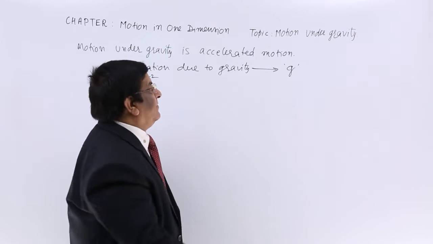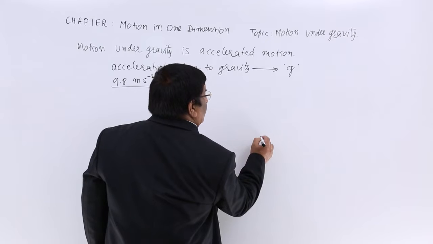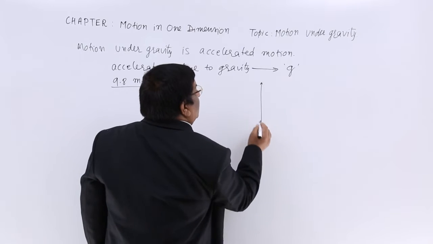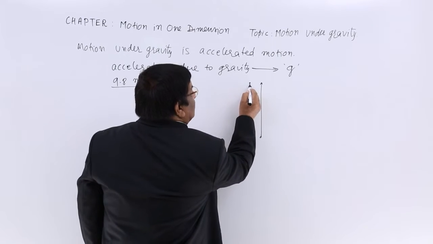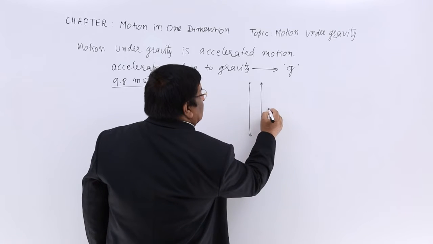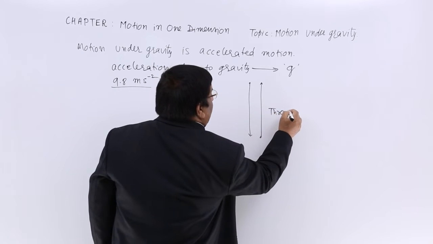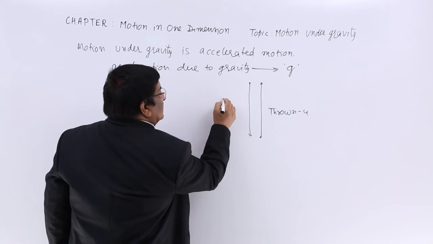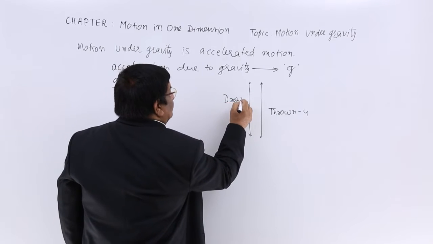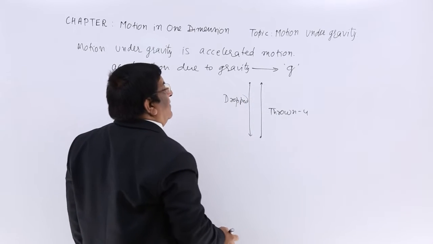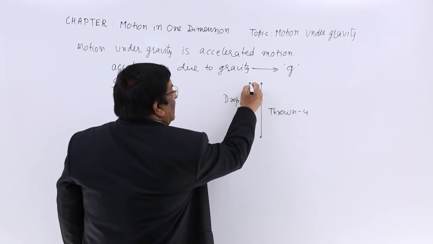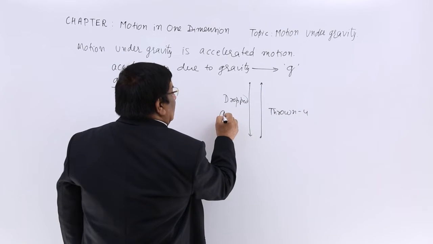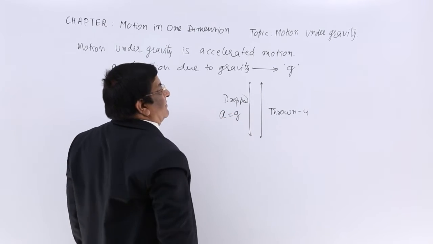Now, if a body is thrown up, or from a building a body is dropped down, this is thrown up, this is dropped. When a body is dropped, its velocity goes on increasing, and here the acceleration is equal to g.